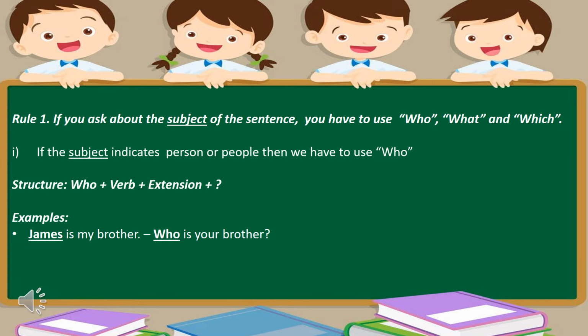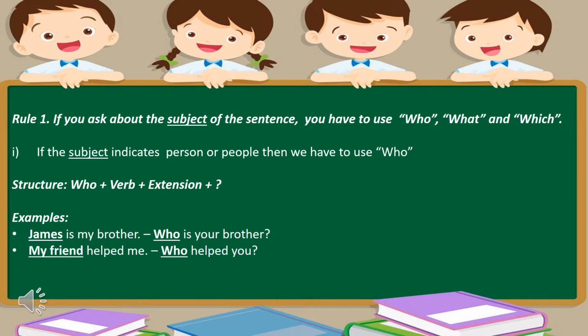So we have to use who, then we need to put the auxiliary verb is, and then the extension or the rest of the sentence, your brother, and lastly we have to put the question mark.